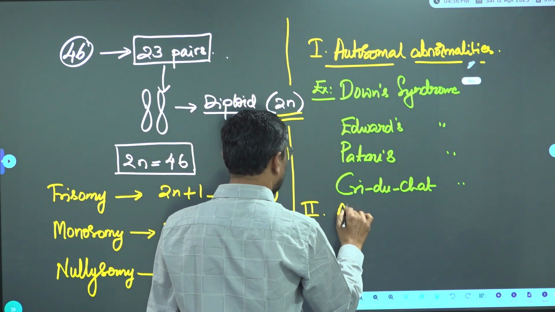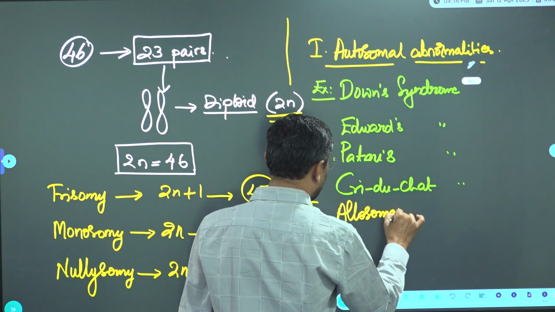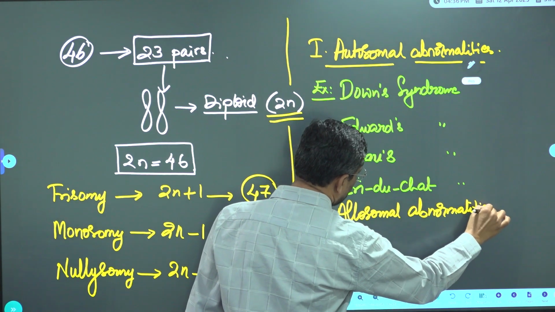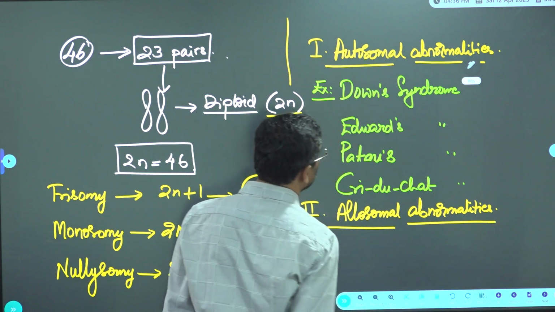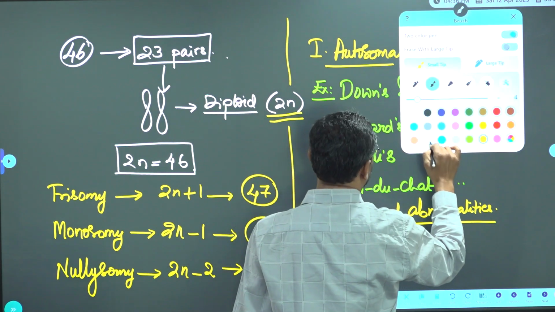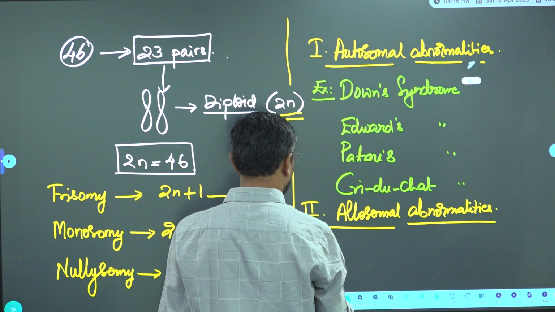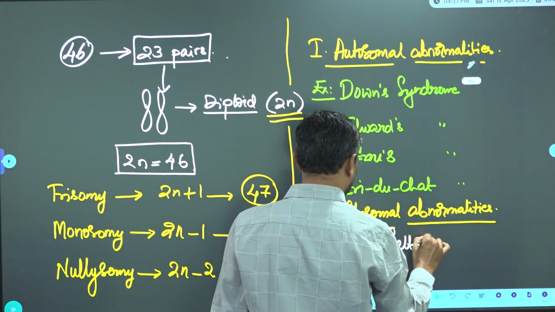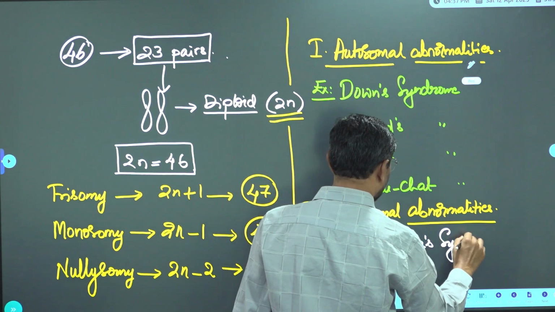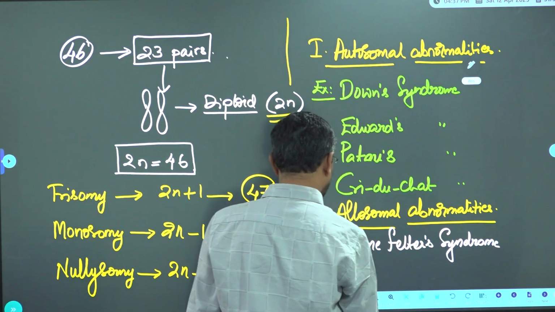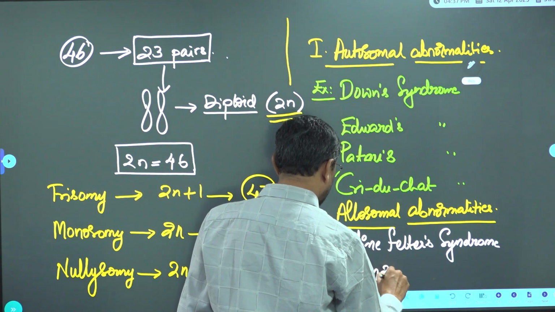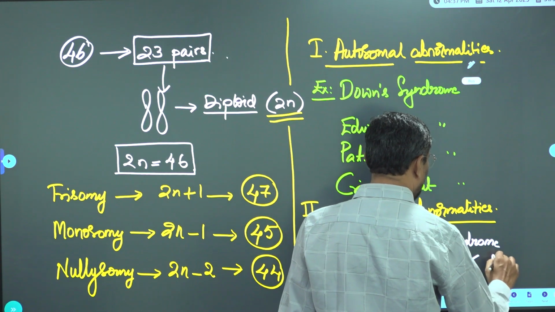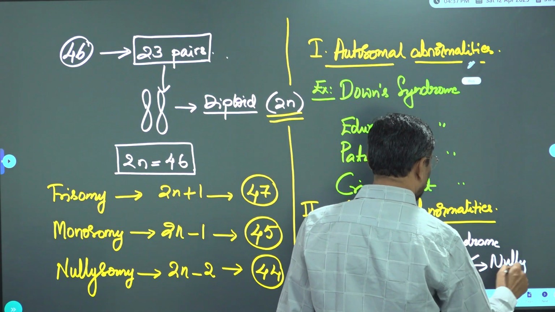Next, allosomal abnormalities. Examples are Klinefelter's syndrome, Turner's syndrome, and nullisomy.